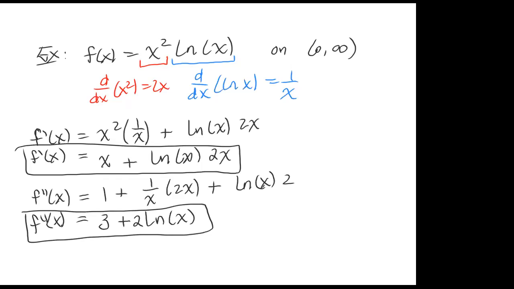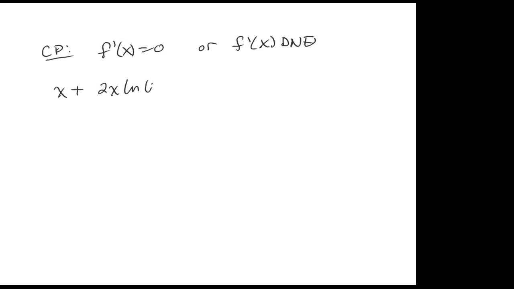Okay, let's find critical points. Critical points are where f prime of x is equal to 0, or f prime of x does not exist. I'm taking the first derivative, which is the function x plus 2x times the natural log of x, and setting that equal to 0.